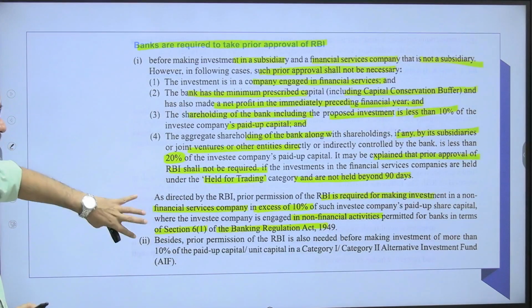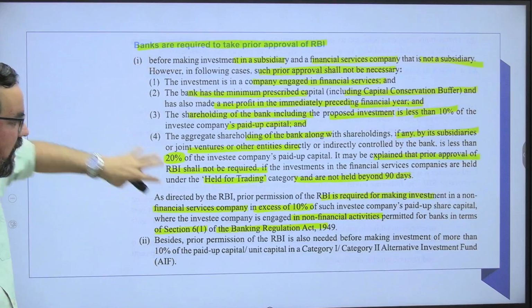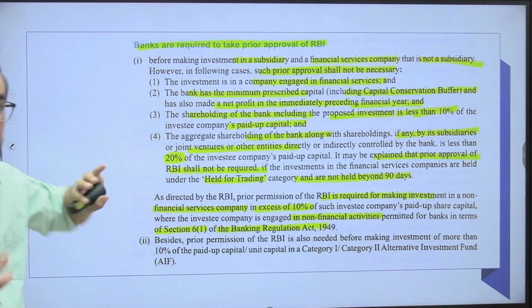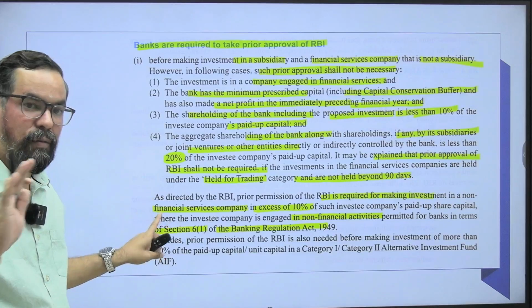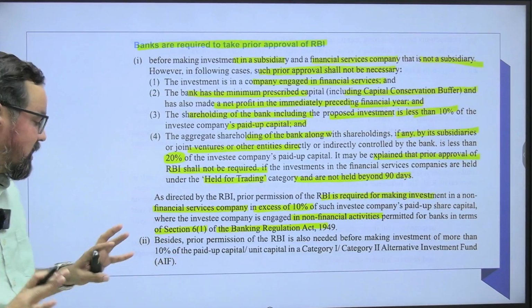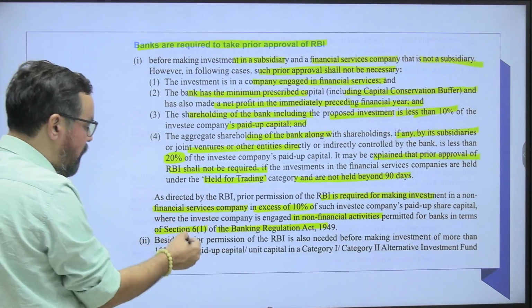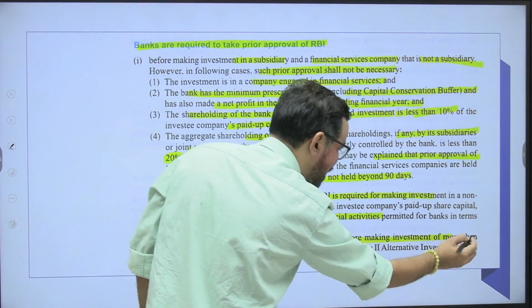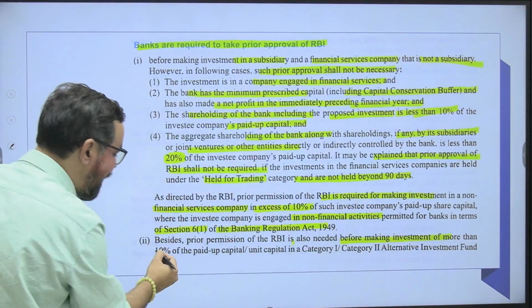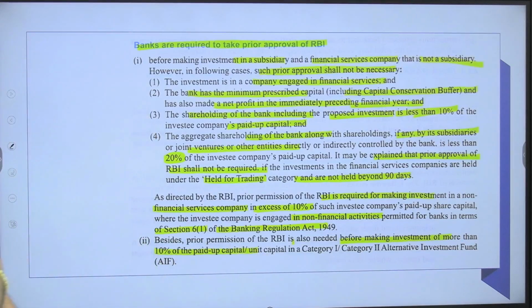So if it is less than 10% or these are the conditions, RBI approval is not required. But if it is going to exceed beyond that particular limit, RBI approval is necessary in that case. Besides, prior permission of RBI is also needed before making investment of more than 10% of paid up capital or unit capital in category 1, category 2 alternative investment funds also.